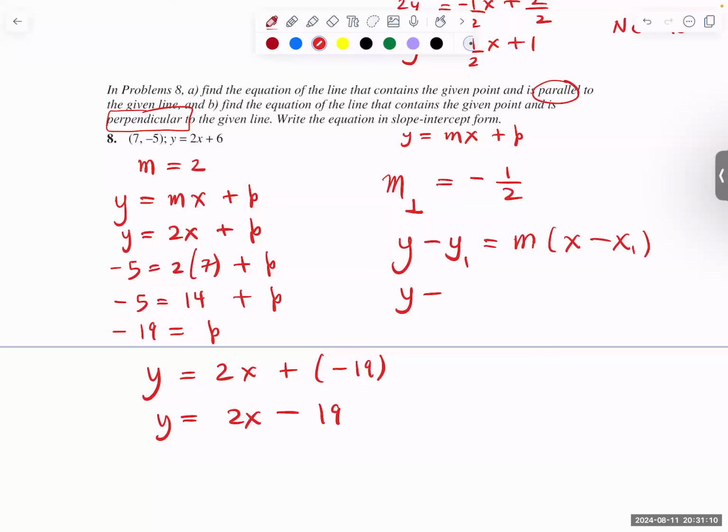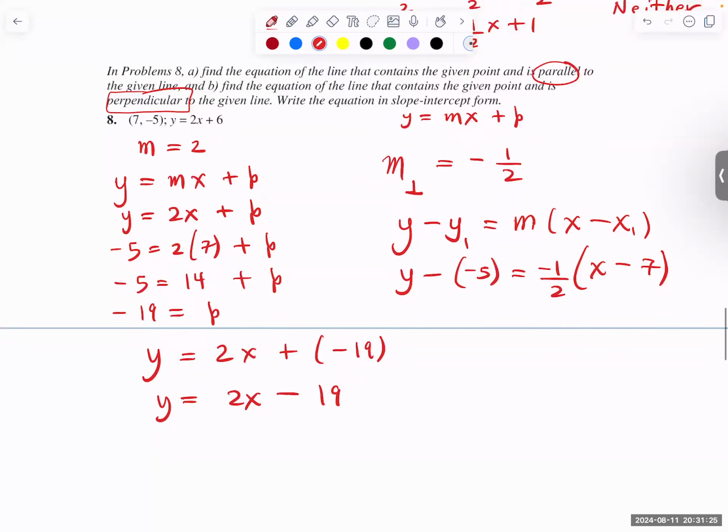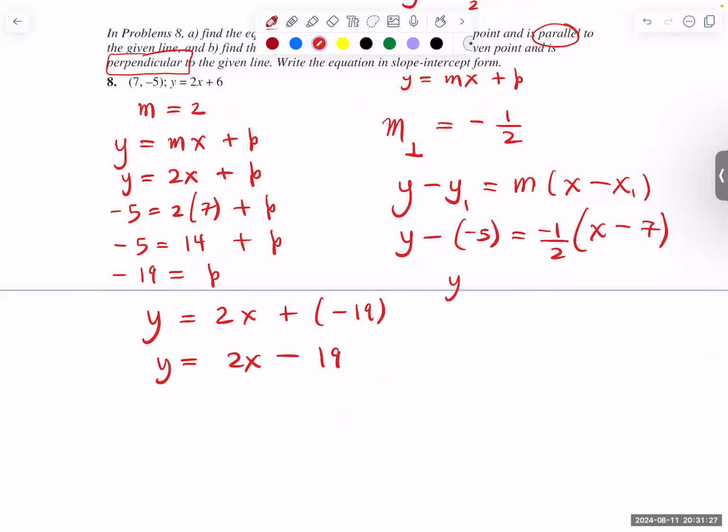So we'll substitute the coordinates, y1 of the given point, which is negative 5. So minus a negative in parentheses equals the slope, negative 1/2 times x minus 7. So y plus 5 equals negative 1/2 times x minus 7.